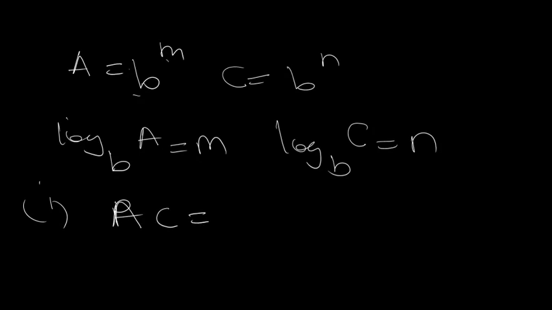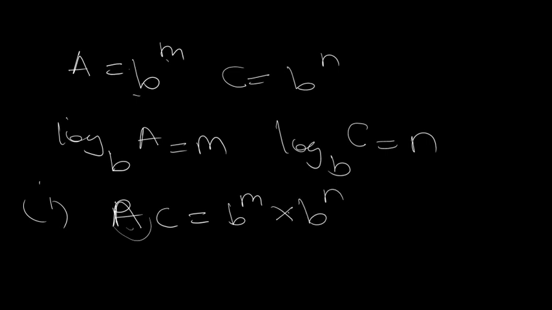What are we having? On the a we have b to the power m, then times, if there's no sign there, it simply implies a multiplication sign. Then on the c we have b to the power n.